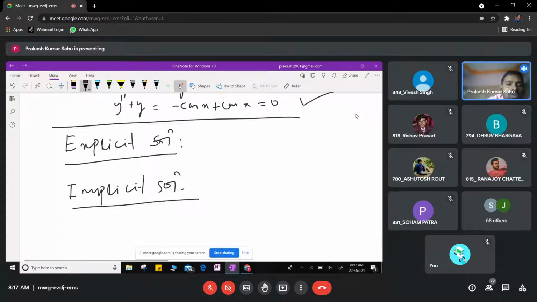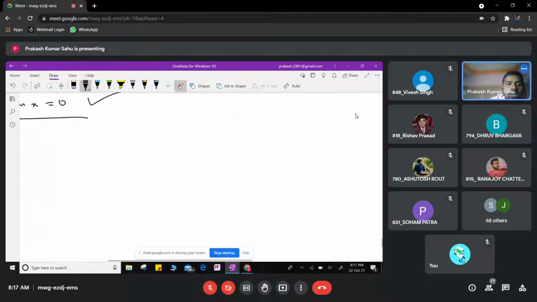Suppose y is a function of x. Here x is the independent variable and y is the dependent variable. Yes or no?